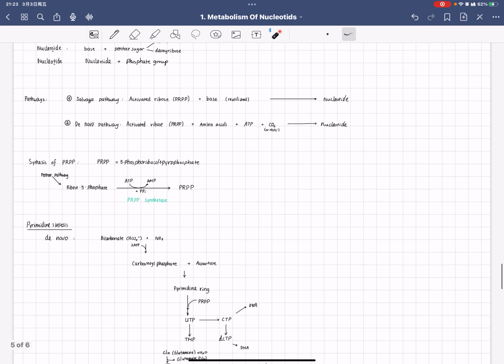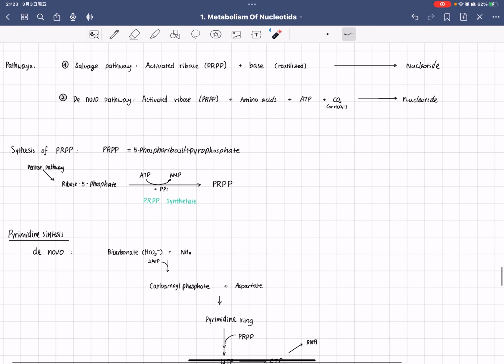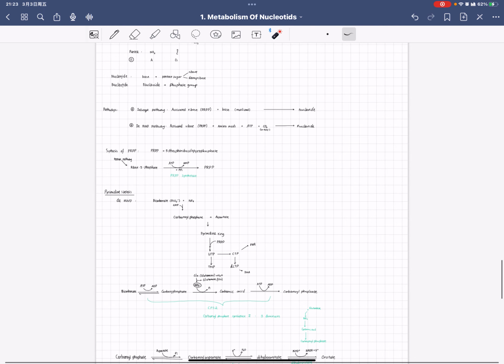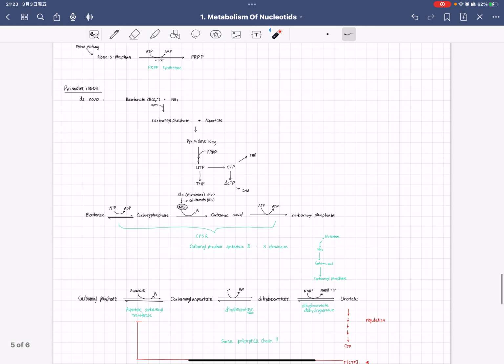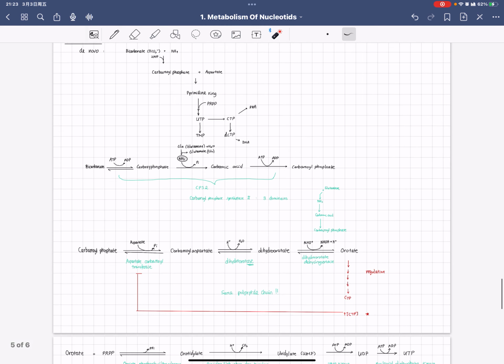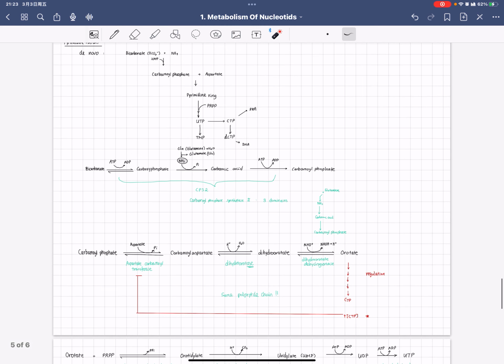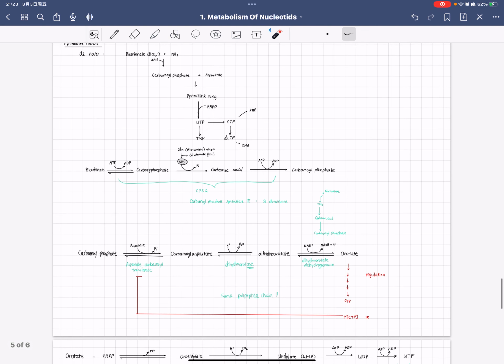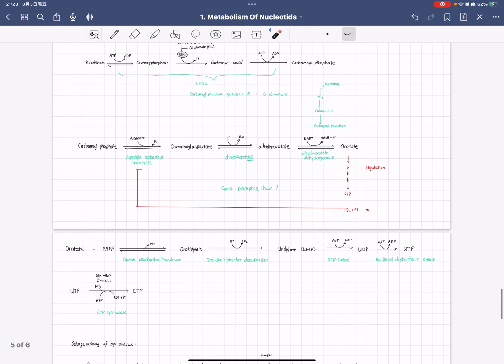And then we talked about the synthesis of PRPP, super duper important in the next video. Then we mentioned the general diagram of pyrimidine de novo synthesis, and the different processes, enzymes, and regulations.